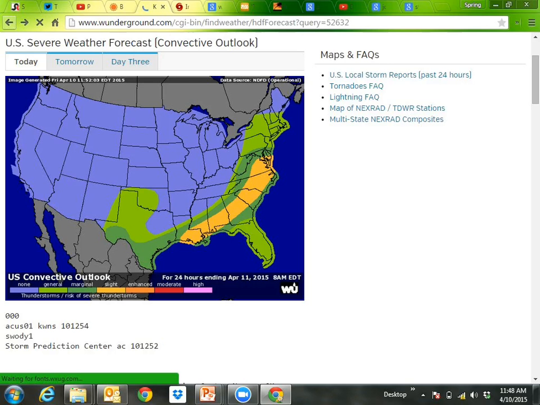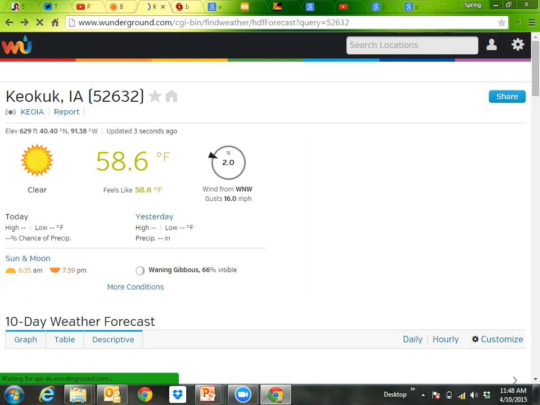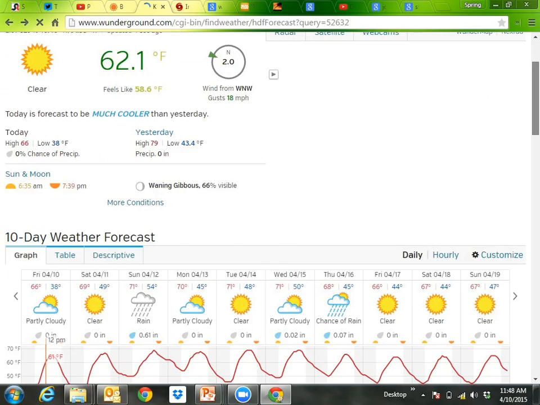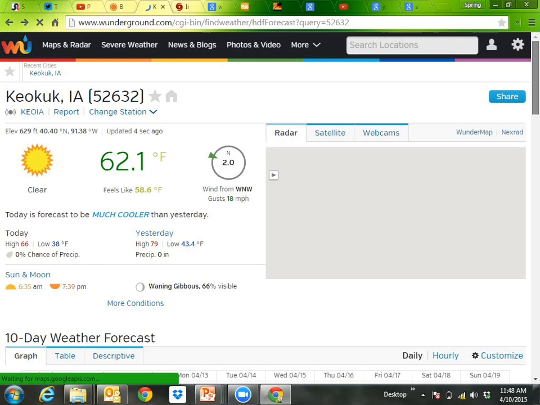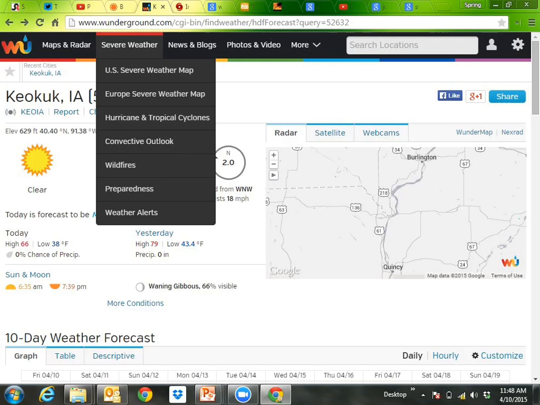Another place to get the convective outlook, I don't think it's as pretty, is the National Weather Service site. So this is Weather Underground, and at the top there are some tabs, and one of the tabs is severe weather. If you click there, under severe weather you can go down and find those convective outlooks.